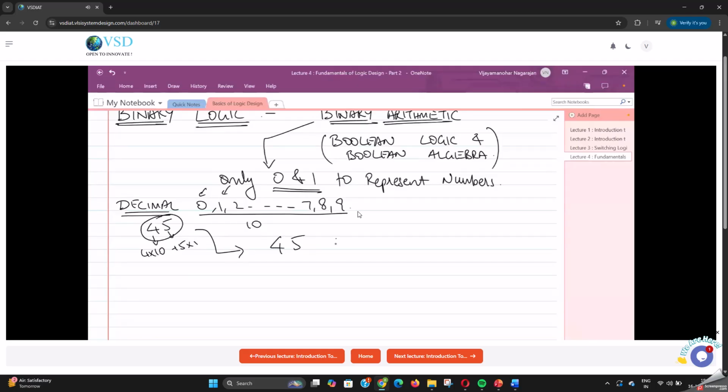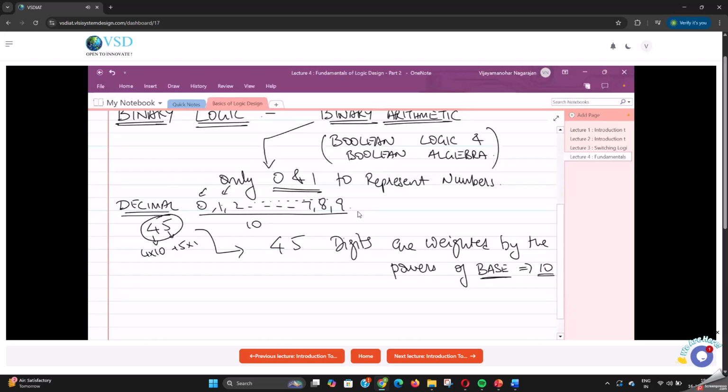The digits are weighted by the powers of the base. And what is the base? Base is the number of representations I have. Here I have 10 representations. So the base is 10.